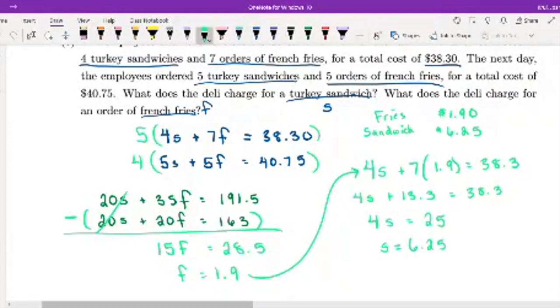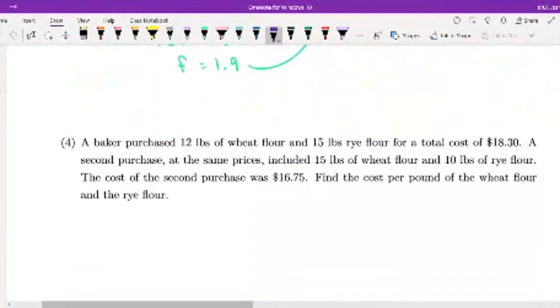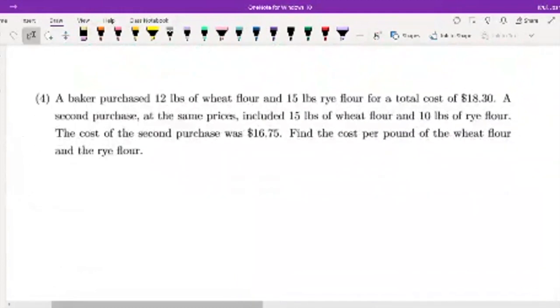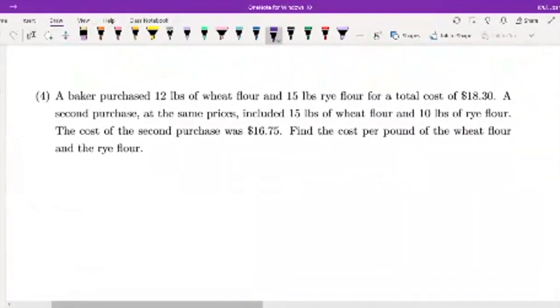So now we have one more question, very similar to this one. A baker purchased 12 pounds of wheat flour and 15 pounds of rye flour.